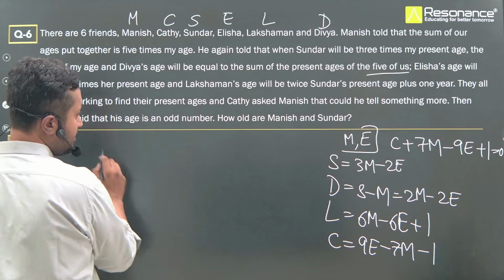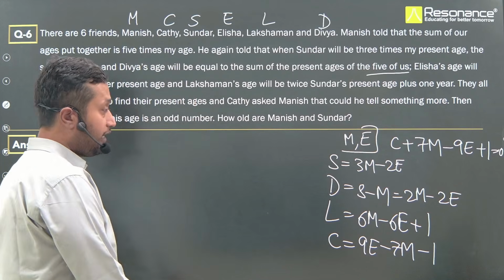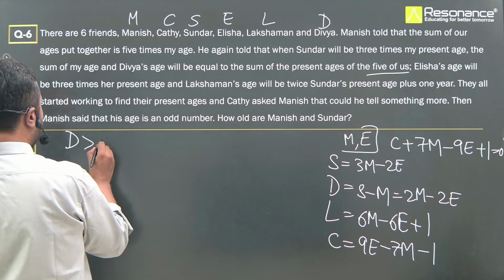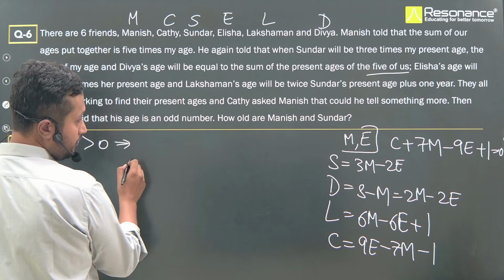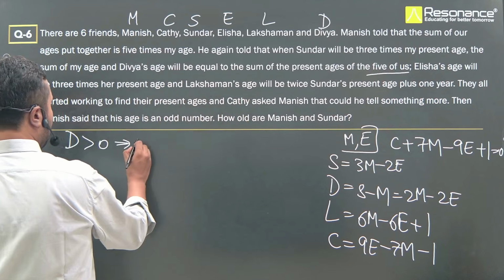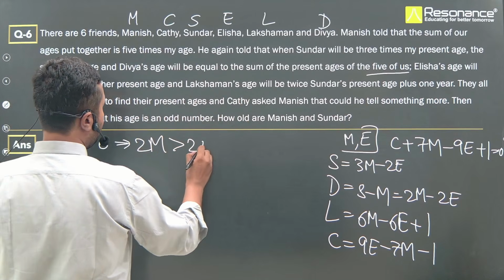All we got to say is, notice that all these numbers must be positive, right? So let's first write D must be positive. So yeah, at least greater than or equal to 0, right? D must be positive. So that tells us that 2M must be greater than 2E.